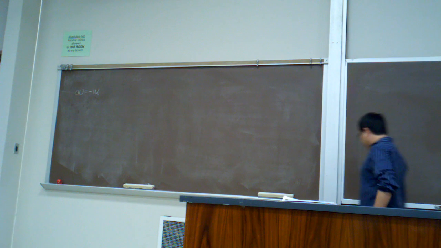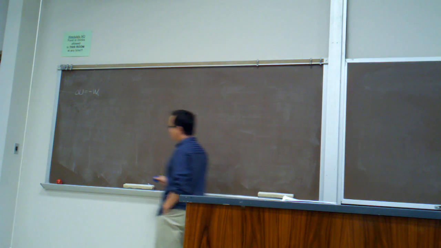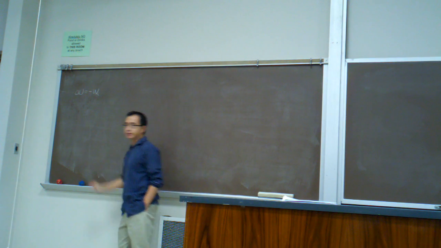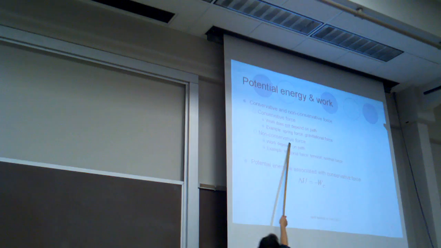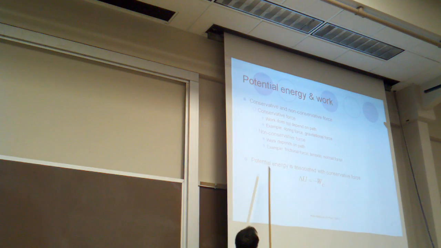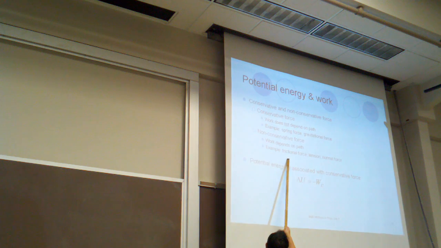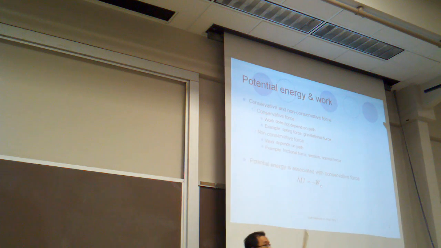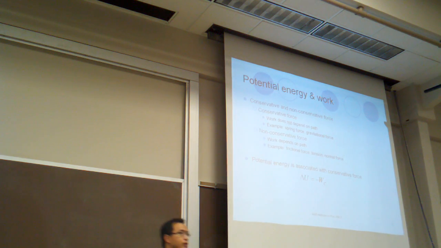Now, let's look at what we mean by conservative force and non-conservative force. Here you can see examples of conservative force: spring force and gravitational force. And examples of non-conservative force: frictional force, tension, and the normal force.